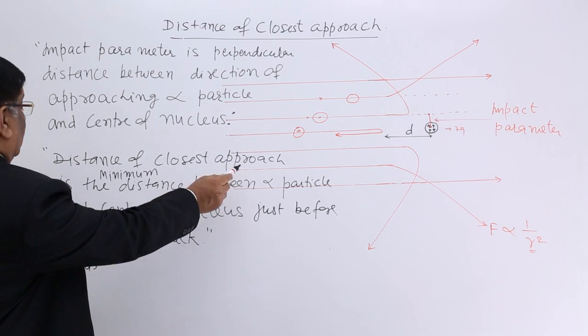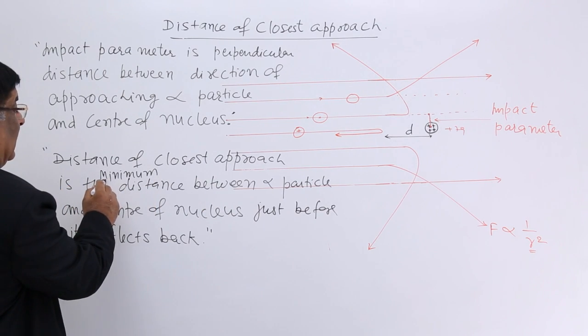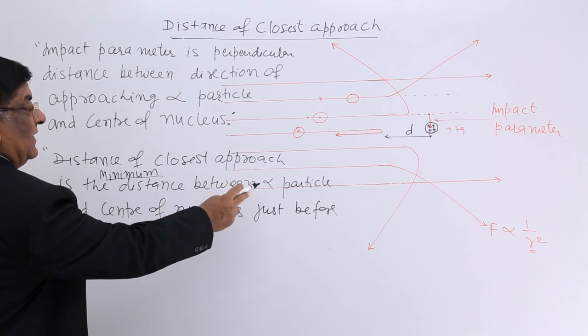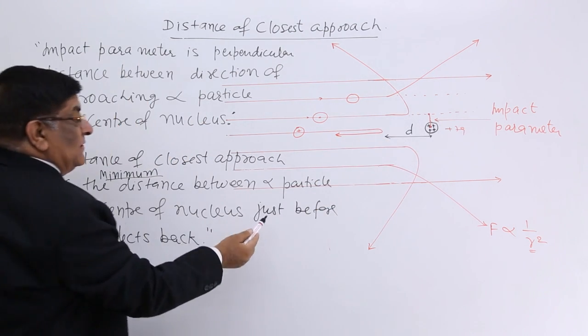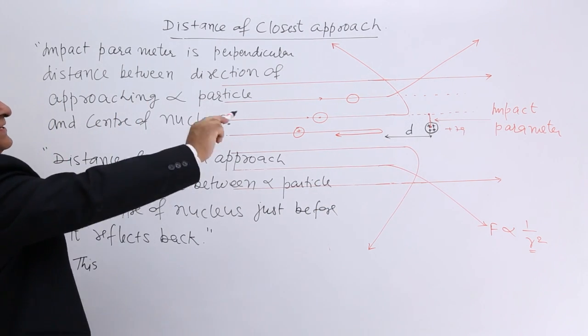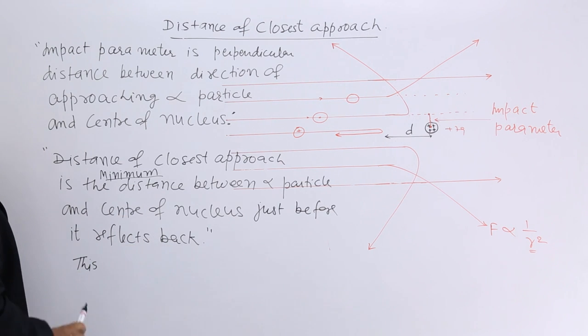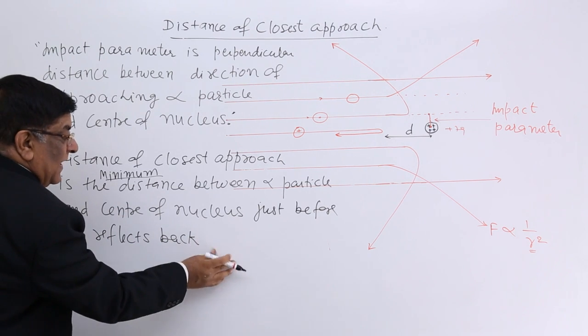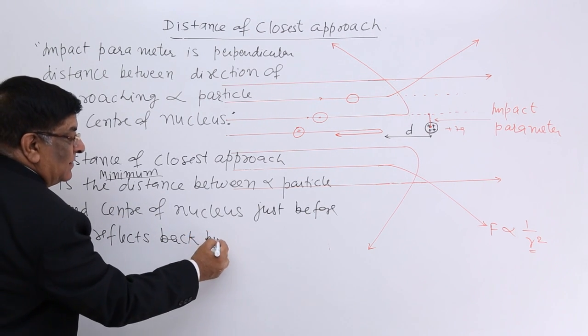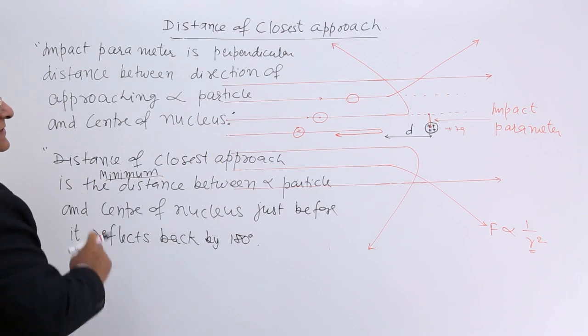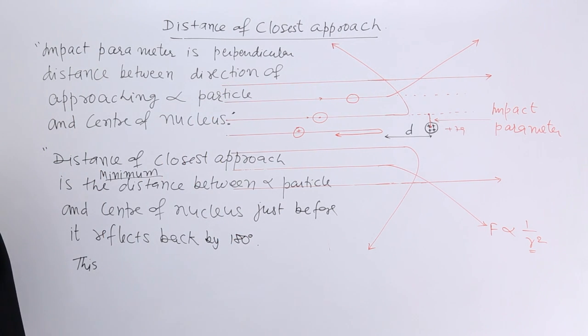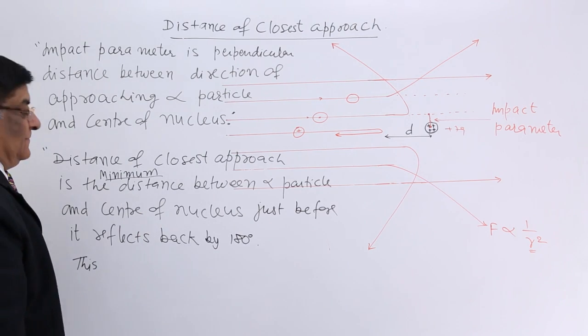The distance of closest approach is the minimum distance between the alpha particle and the center of the nucleus just before it reflects back, reflects back by 180 degrees. That is, it retraces its path.